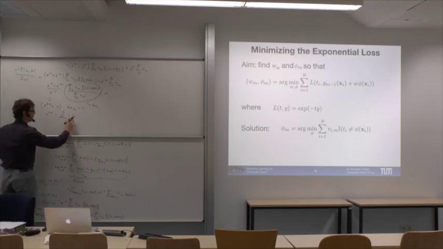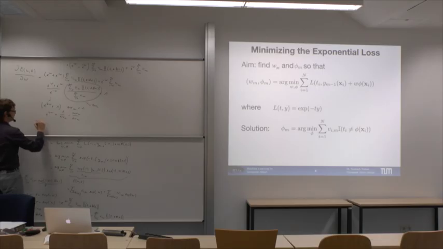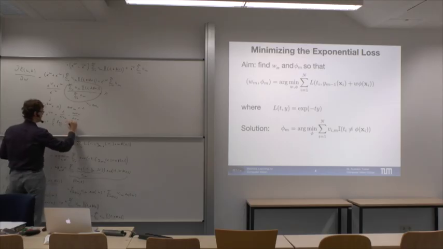Now we express 1 as error divided by error. That means w is 1/2 of the logarithm of 1 minus error divided by error.